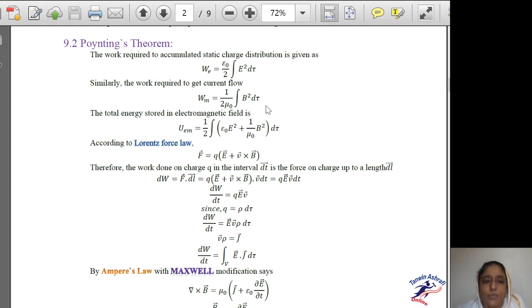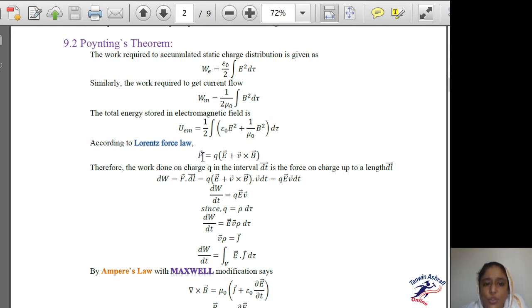If we add this work done, we get the total energy stored in the electromagnetic field, which is U equal to half integration of epsilon naught E squared plus 1 upon mu naught B squared d tau.